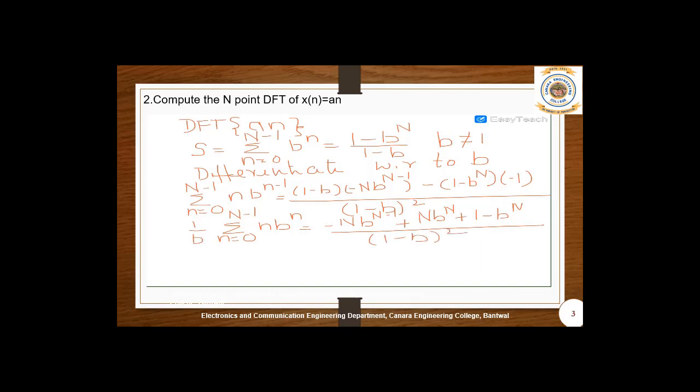When I further simplify this, the summation for n from 0 to N minus 1 of n b to the power n is equal to minus N b to the power N plus N b to the power N plus 1 plus b minus b to the power N plus 1, divided by 1 minus b whole square.